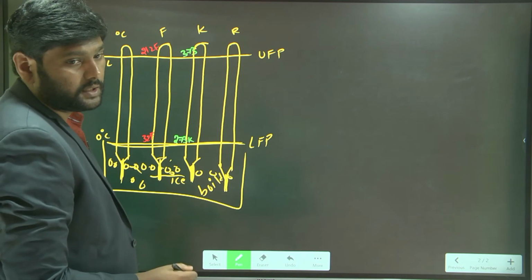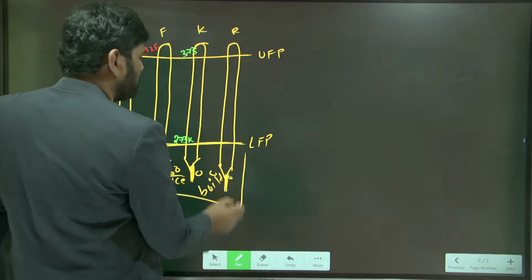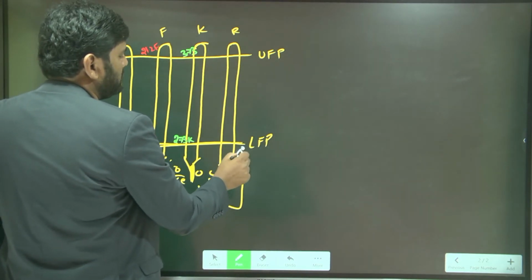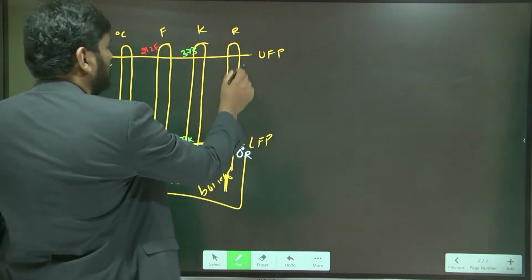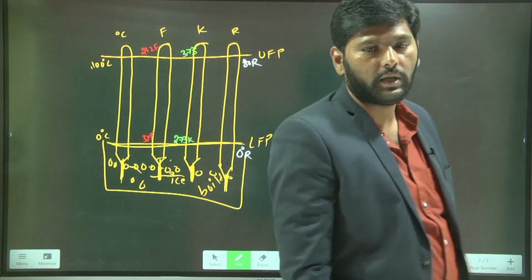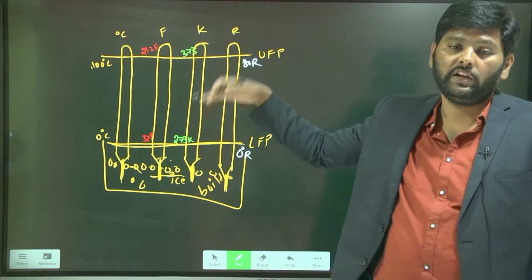Similarly, the lower fixed point for the Raman scale is 0, 0 R. Then what is the upper fixed point for the Raman scale? It is 80 R. So this is how different thermometer scales have different UFP and LFP.